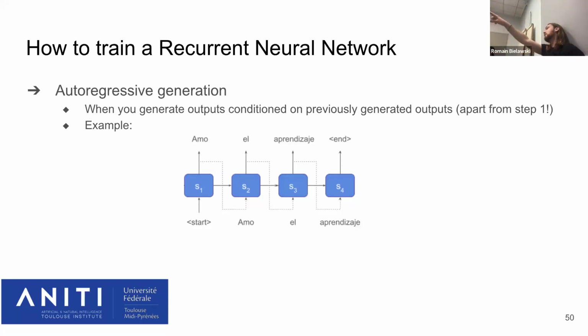But you can also input a hidden state. So like with the encoding, you can have a recurrent neural network that has a word as input, which is the last word generated, and a hidden state as input, which represents the previously generated words, and also, in the case of decoding a vector, the original vector.